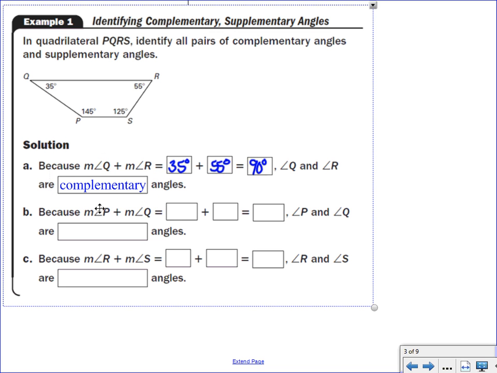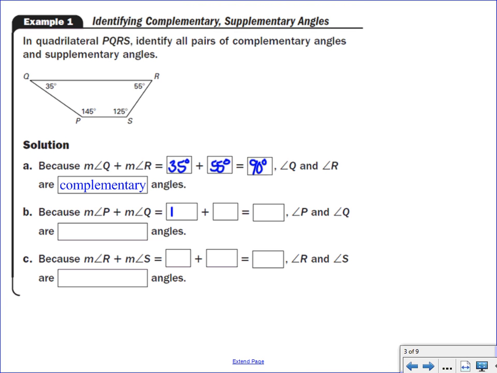Because the measure of angle P plus the measure of angle Q is equal to 145 degrees plus 35 degrees, and that equals 180 degrees, angle P and angle Q are supplementary angles.